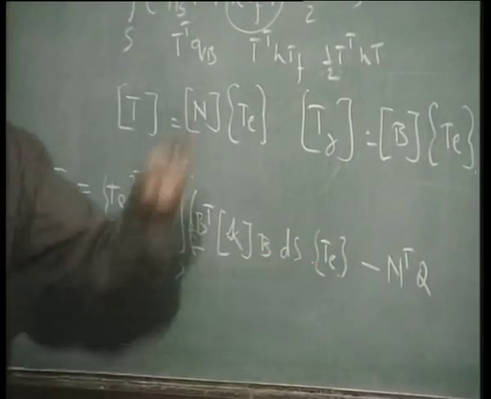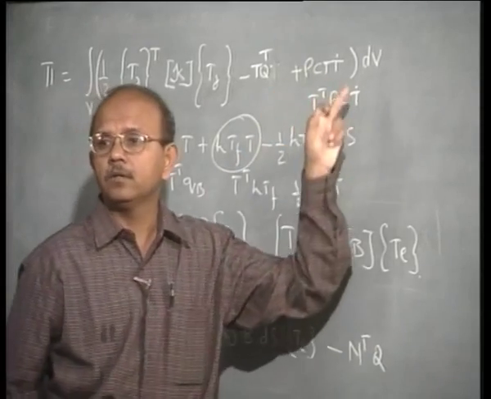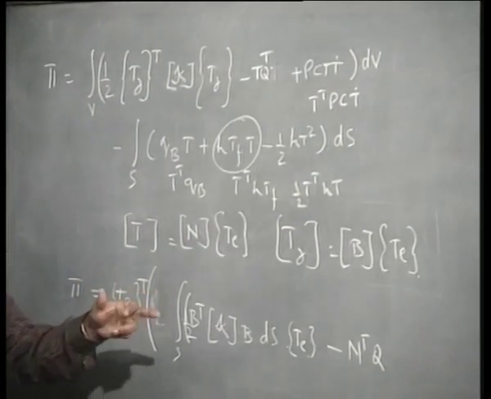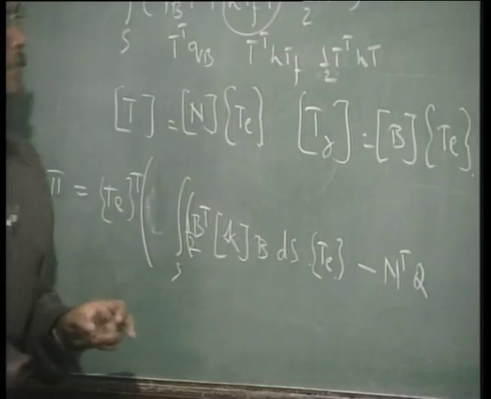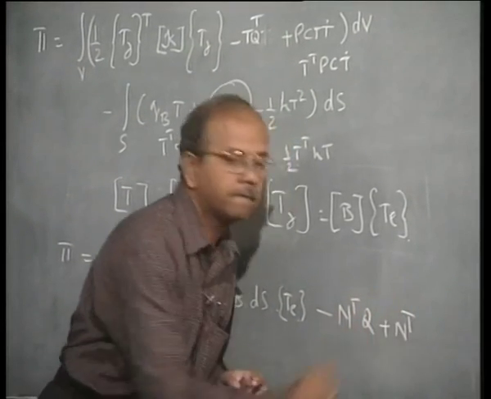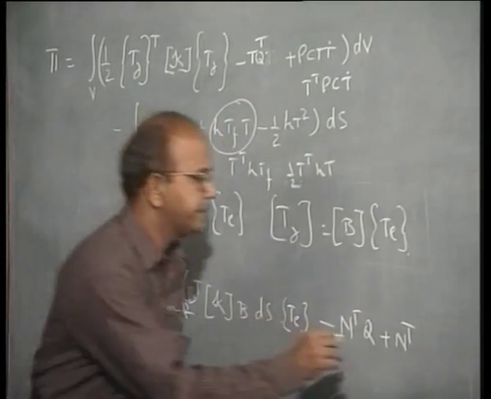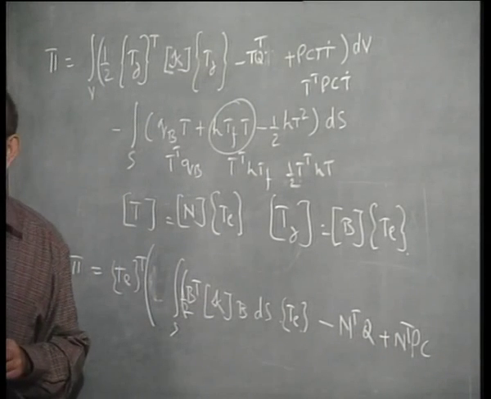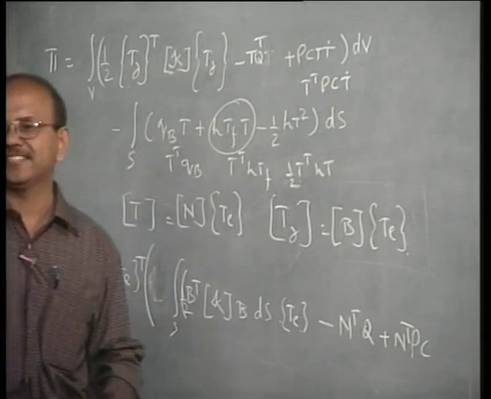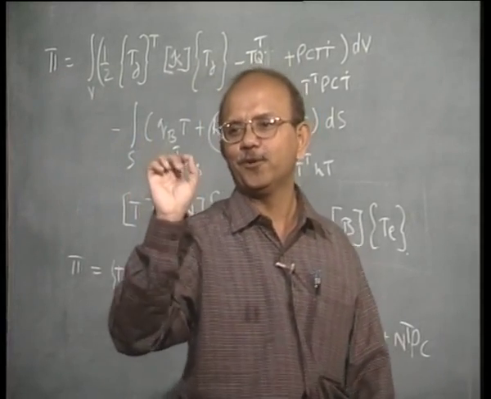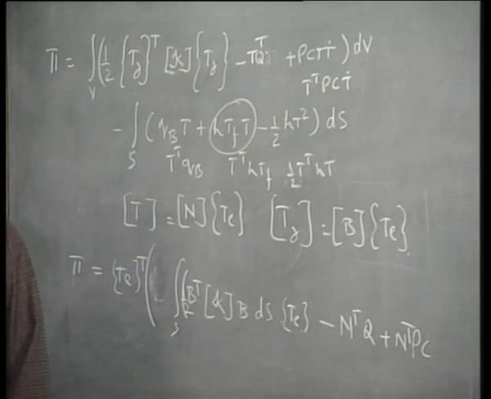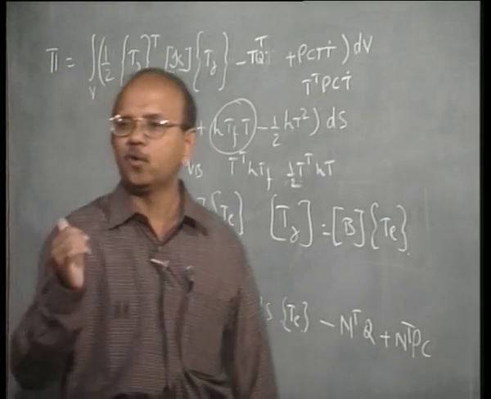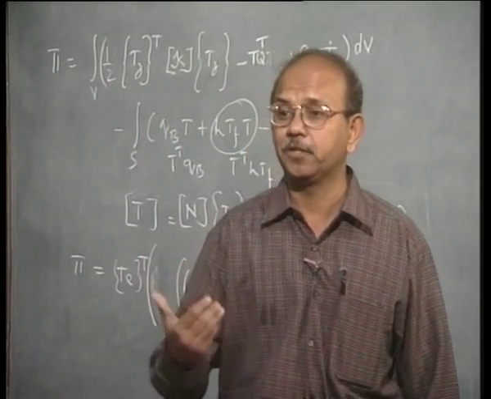N transpose Q. So how do you handle this term? T transpose is T transpose N transpose. T transpose I have already taken out. So this becomes plus N transpose rho C. What is T dot? That is a very good answer because that needs some explanation. What is T dot? T is equal to N T E. T dot is dou T by dou small t, the rate of change of temperature with respect to time.